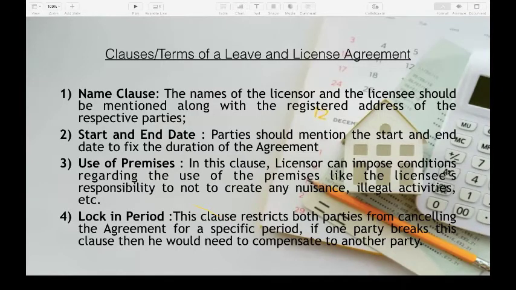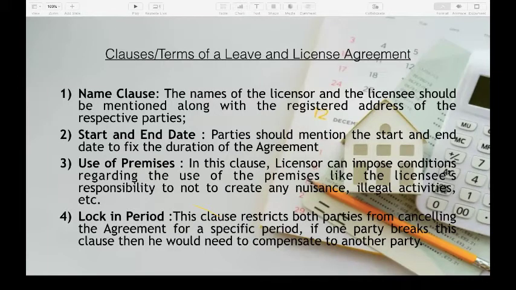When the security deposit is paid, the licensee needs to be very sure that the licensor does not back out or withdraw from the leave and license agreement which they have entered into.